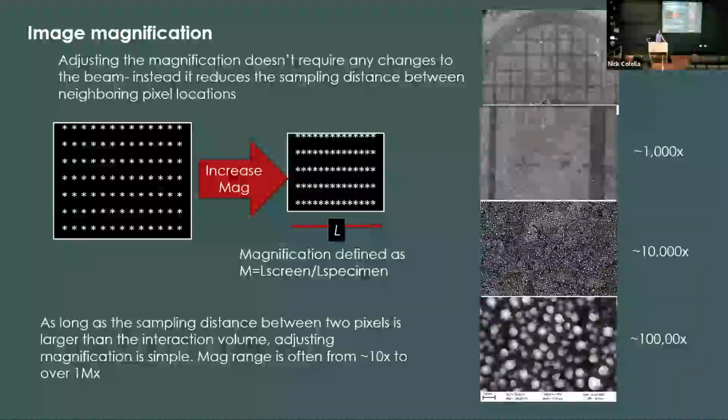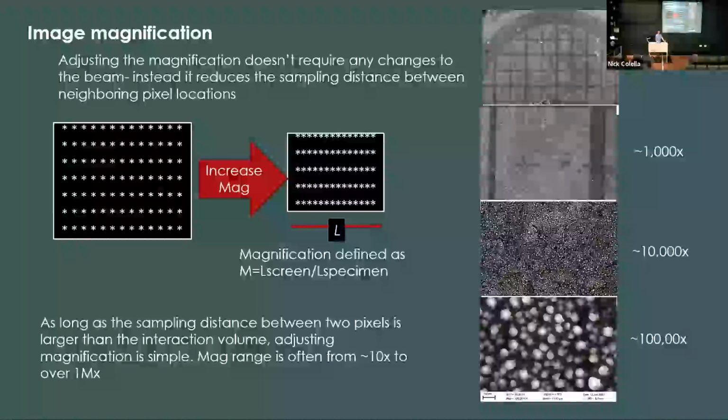We can use that beneficially because that scanning method of forming the images makes it so that as we're imaging, the beam itself is consistent. And so that makes it so that we can very easily do things like change the magnification. Because when we change the magnification in the SEM, we don't actually do anything to change the beam.